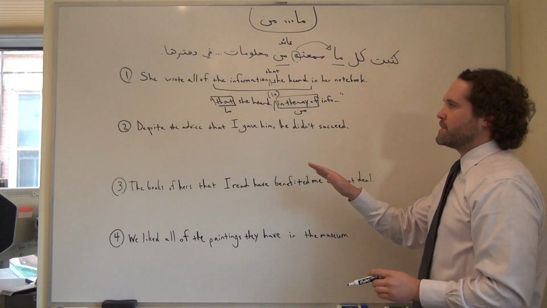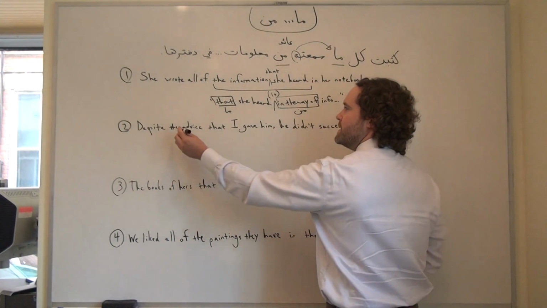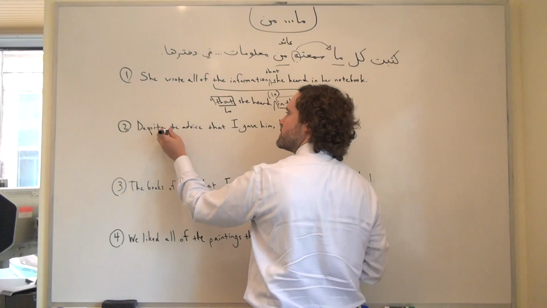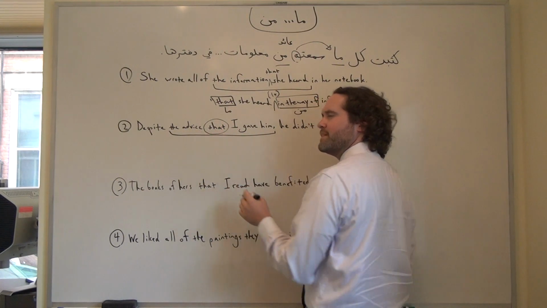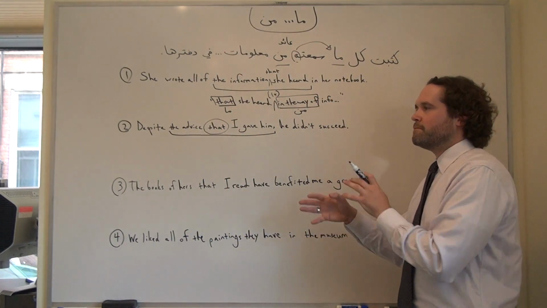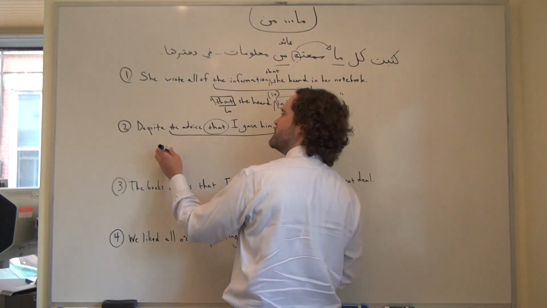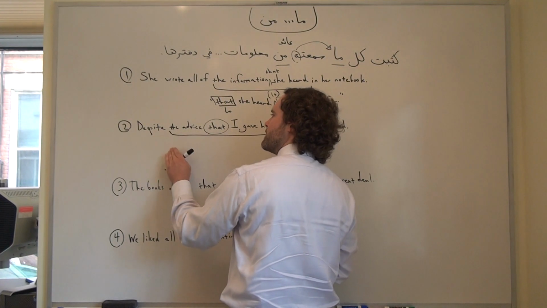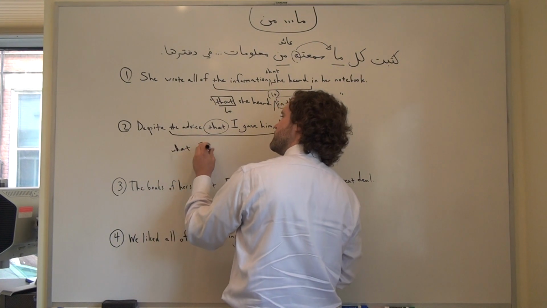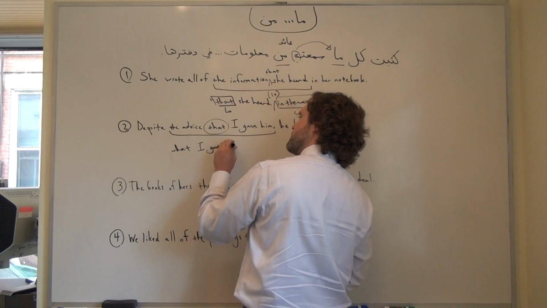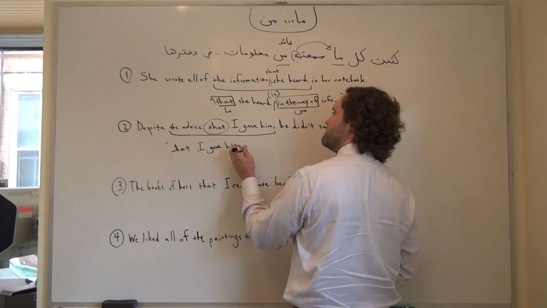Let's take another example. Despite all the advice that I gave him, he didn't succeed. Well, the advice that I gave him, now that's the part that we need to figure out. And again, if we find a "that" in our English equivalent, that can help us figure out where the ma min construction might be generated. So we want to say something like, despite what I gave him in terms of or in the way of advice.